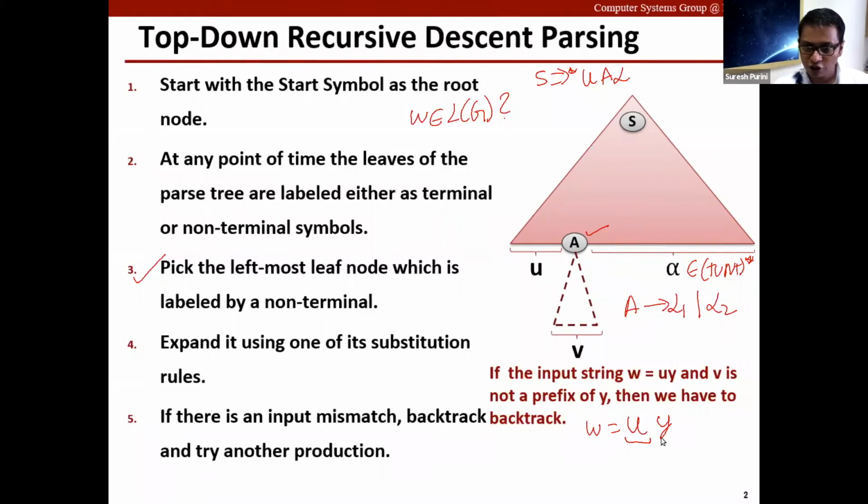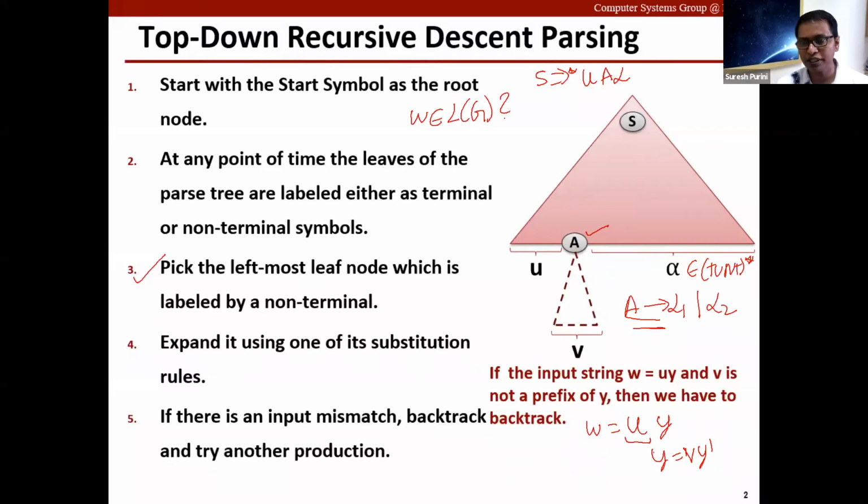So in the process of derivation, we use the substitution rule A goes to alpha 1, and we have generated a prefix V. So V should be a prefix of the rest of the string Y, that is, Y should be of the form V Y prime. If this is not the case, then we have to backtrack.